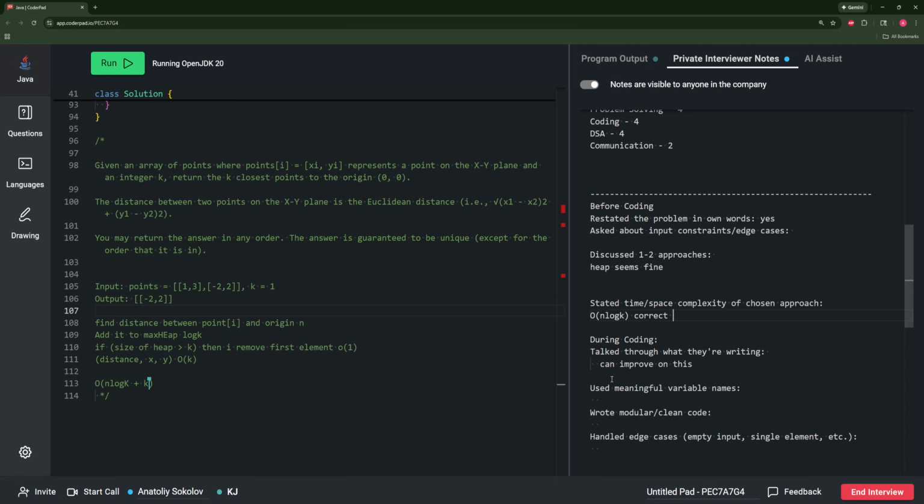Yep. Can you simplify that? Yeah. So if k is very small, we can just ignore it. Even if k isn't very small, let's say n is a million and k is a million minus one, what would be the time complexity?